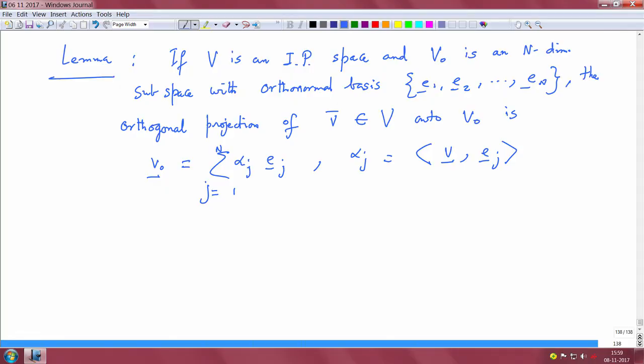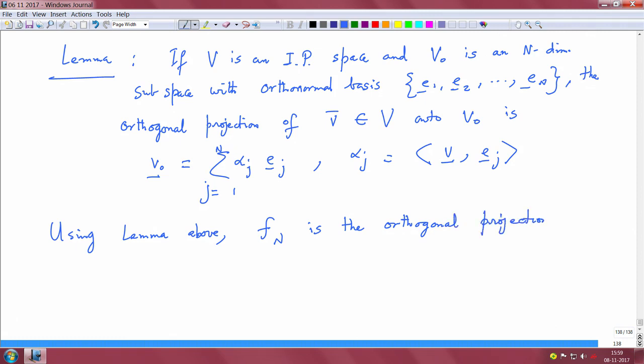So, let us use the lemma here. Using the lemma above, f suffix n is the orthogonal projection of f onto the space Vn.